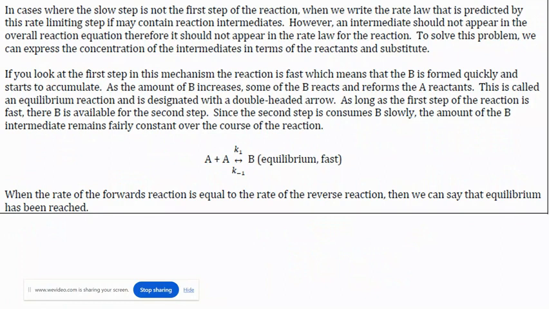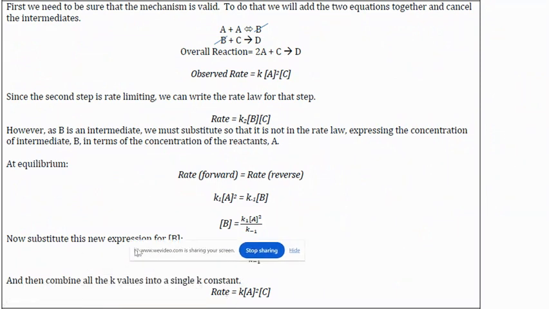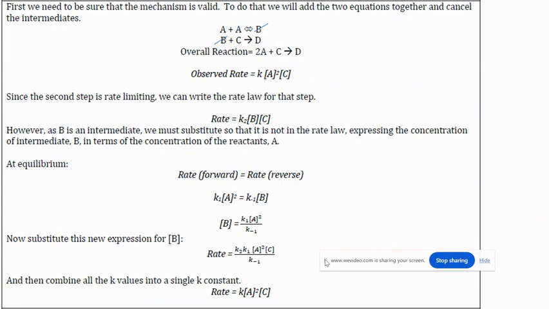We'll get more into equilibrium when we get into Unit 7. So we can combine all of these values into a single rate constant, which is down at the bottom there.